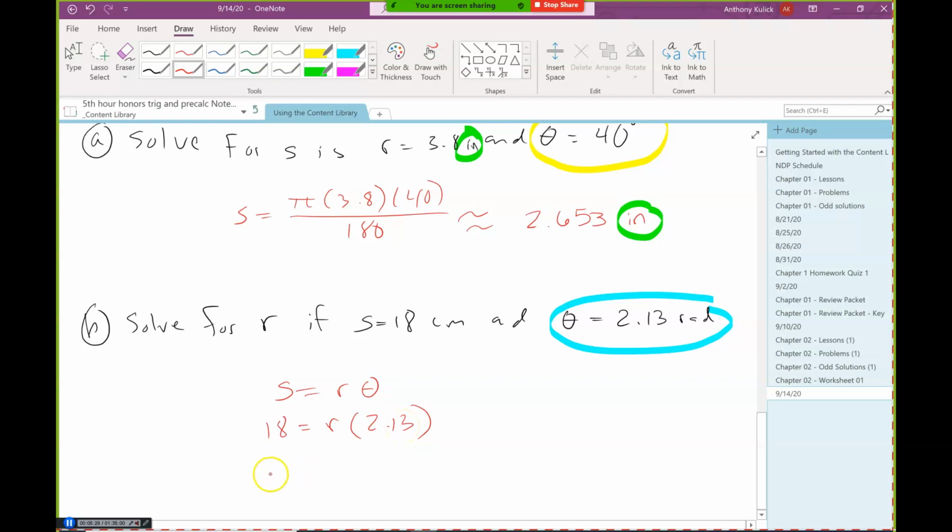So when we divide both sides by 2.13, we get 8.451 centimeters. Again, my unit should match the length unit in the problem. Is everybody okay there?